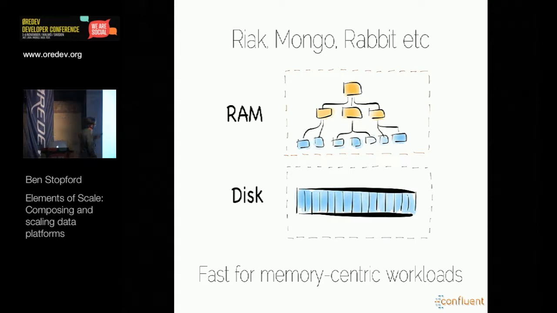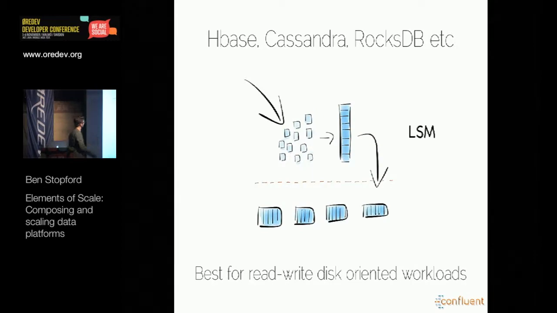A good example of this would be any of these tools. If you put too much data in them, you'll hit a pretty hard edge of performance, where performance just dives, and that's when you tend to want to switch to a storage engine which has a more disk-optimized format. So definitely for memory-centric workloads.